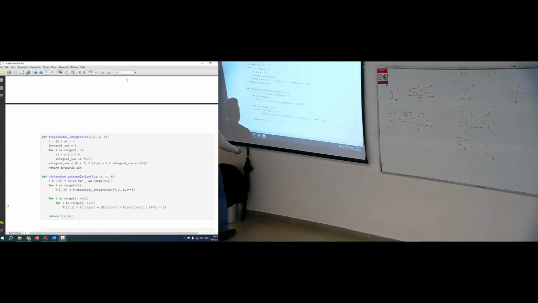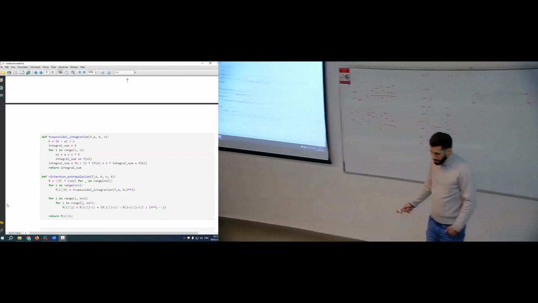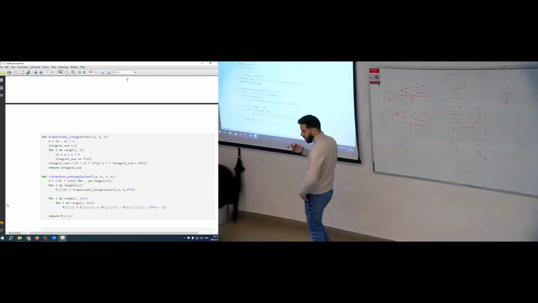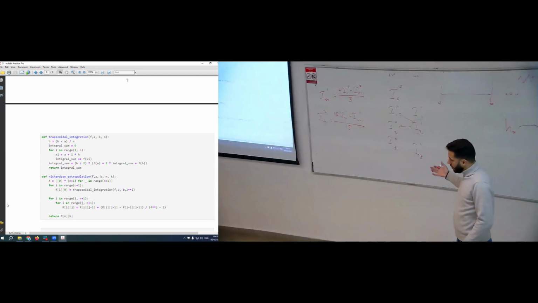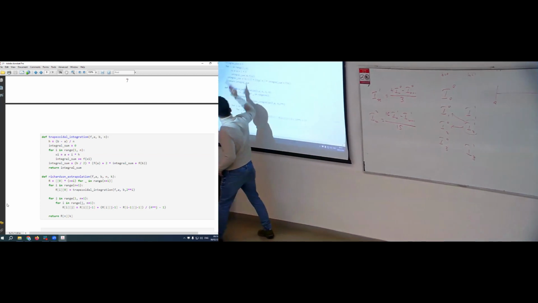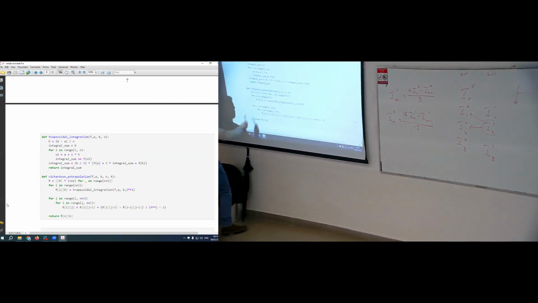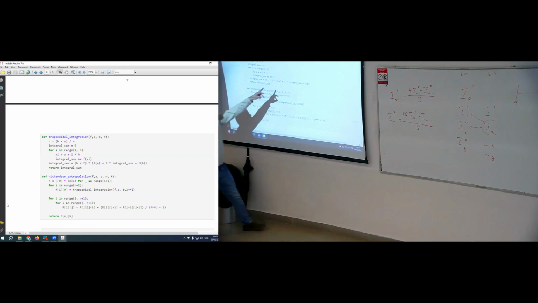So we know that the integral is half of f of a plus f of b, plus h times the sum of the values of f at x_i, where x_i equals x_0 plus i h. So that's how I define the trapezoidal integration. And n is the number of segments here. So you can call it capital N here, maybe better, to be consistent.